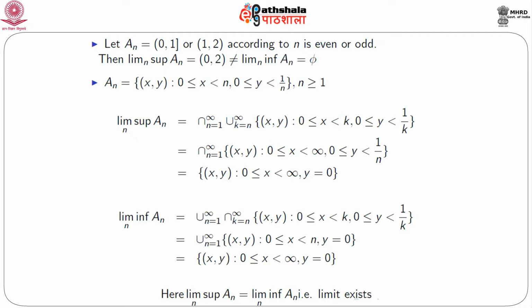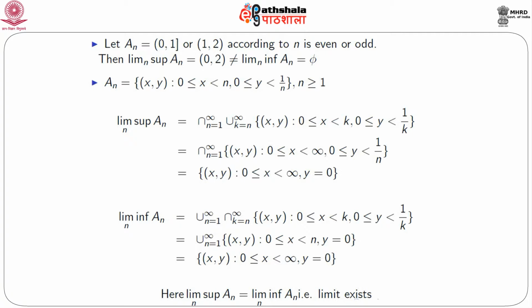Now, we focus on the second example. This set A_n is defined as the collection of (x,y) such that x lies between 0 and n and y lies between 0 and 1/n. Now, we have to find lim sup as well as lim inf. If we compute the lim sup, it will be something like this: intersection over n from 1 to infinity, union over k from n to infinity, of (x,y) with x between 0 and k, and y between 0 and 1/k.